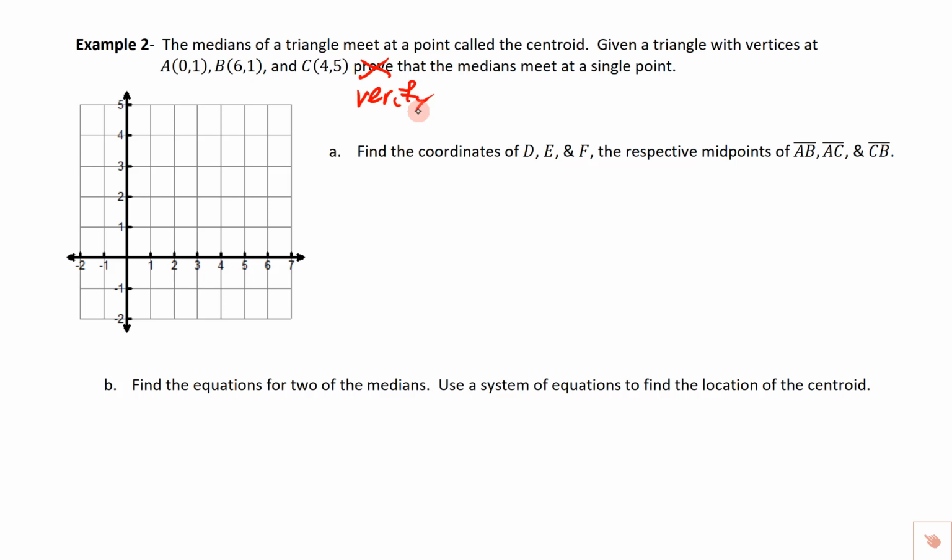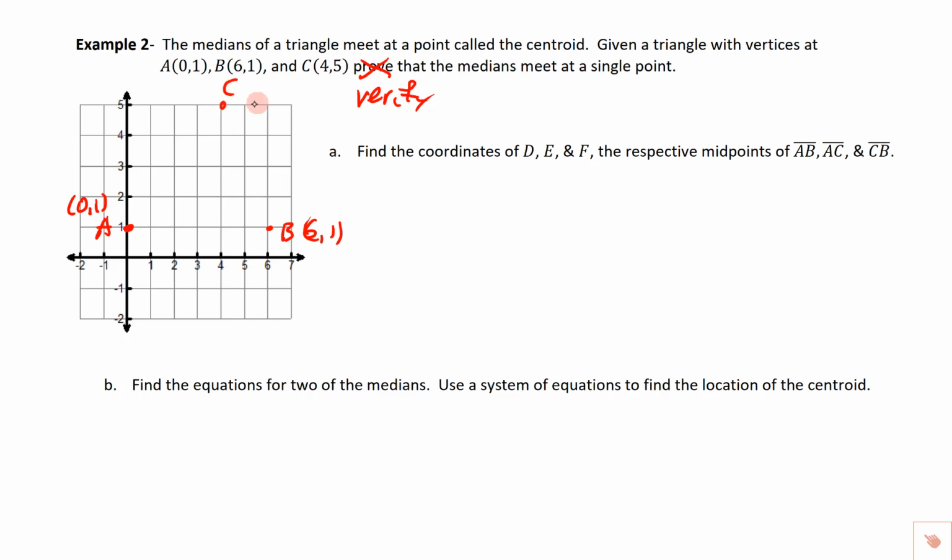Okay? So, we're going to do 0, 1 for A right here. I'm going to write A, and I'm going to label it. Again, it's helpful to have the labels on the diagram. B is at 6, 1. C is at 4, 5.